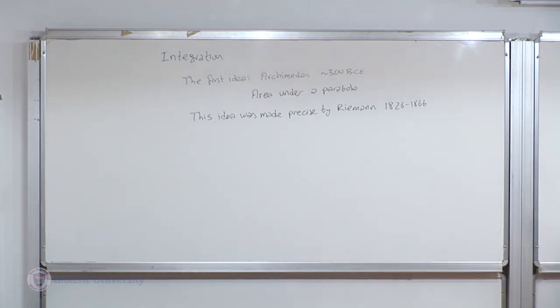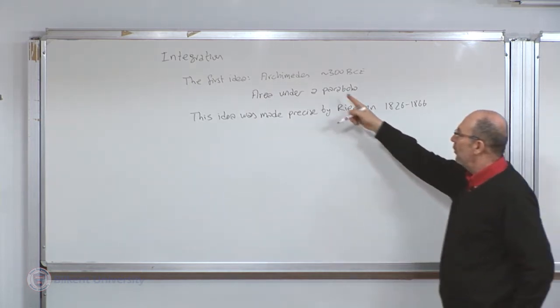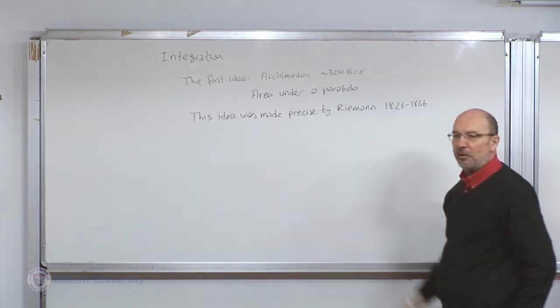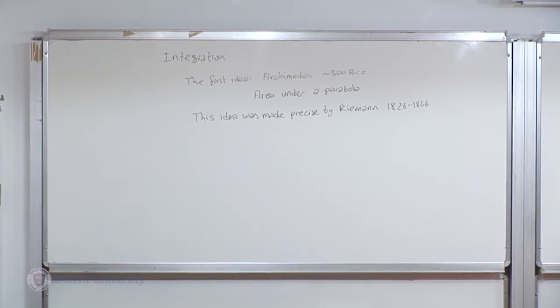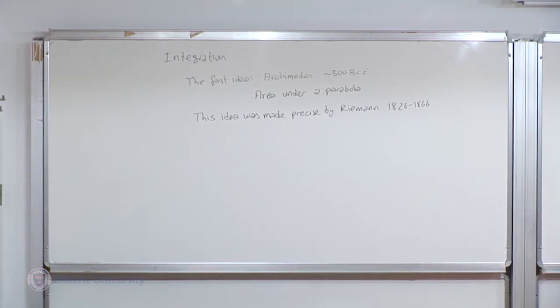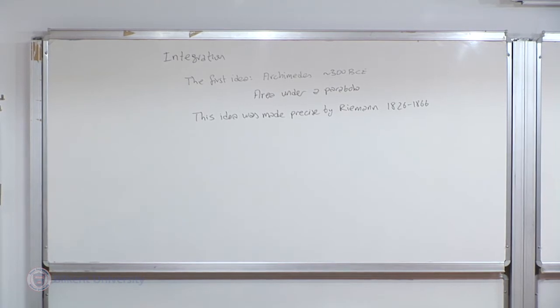Okay, so you see there were a few thousand years in between. So today we'll start by looking at what Archimedes did using the terminology of Riemann, and that will be an introduction to the idea of integration. And then once we understand what integration is all about, we'll try to develop techniques of evaluating integrals.